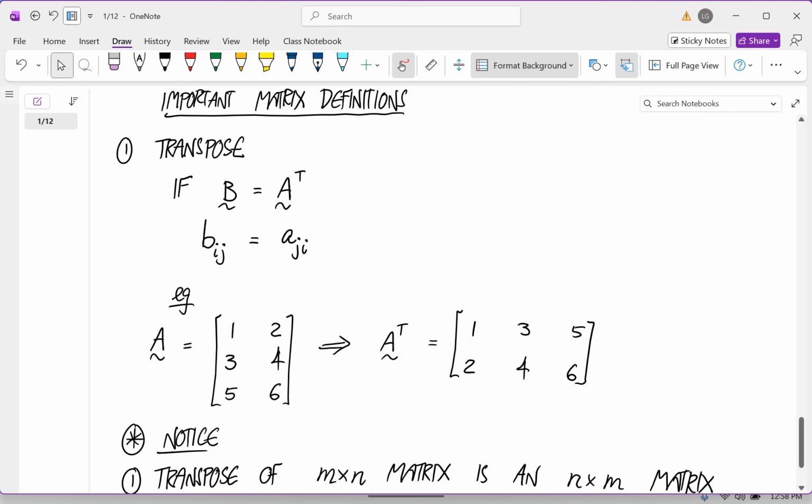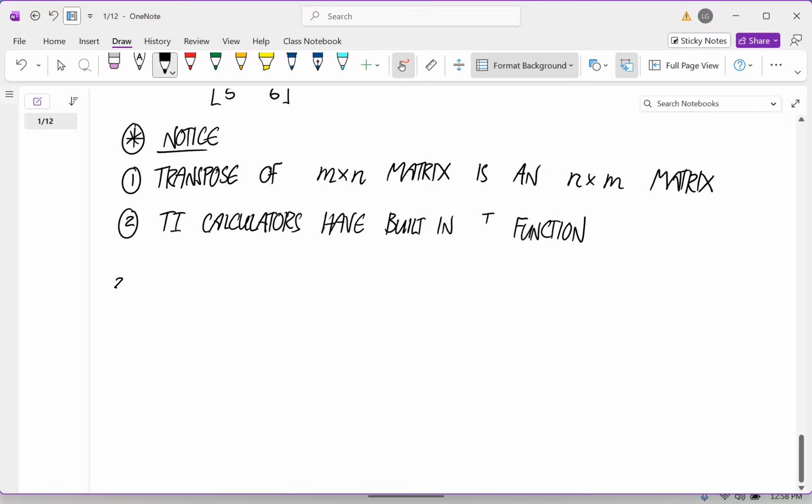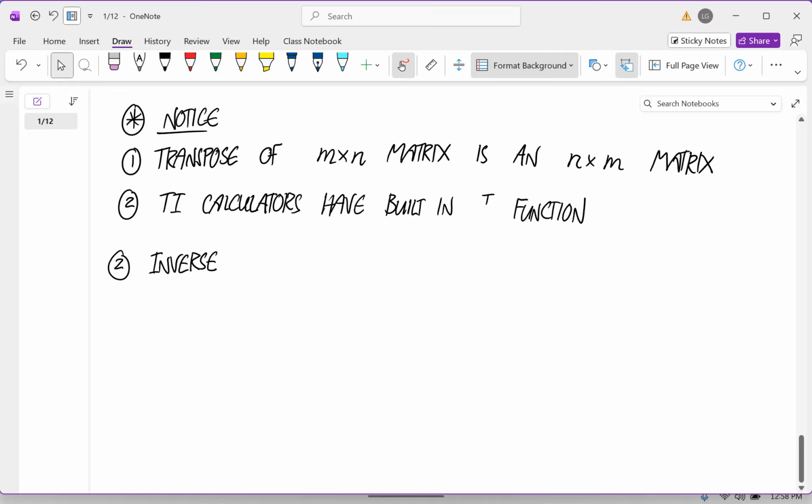The second definition that we need is the inverse. And the definition of an inverse is really the same definition as a multiplicative inverse. Like the number 2 and the number 1/2 are multiplicative inverses of each other. That means if you multiply them together, you get the identity, you get 1, right?